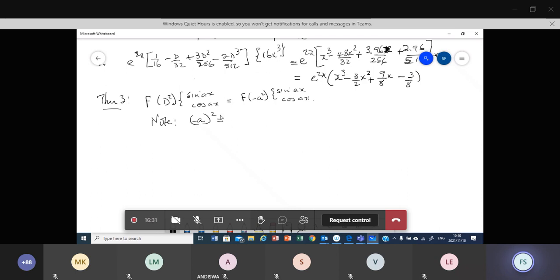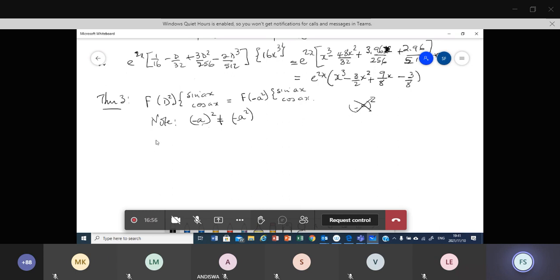Please be careful here. These two are not the same. Look how I squared my a. My a is minus a squared, not minus a all squared. All it means is that if you differentiate sine ax twice, you will get the coefficient in front with a minus, which will be squared.